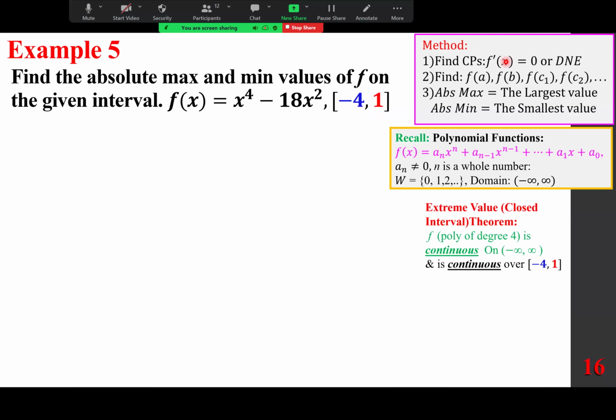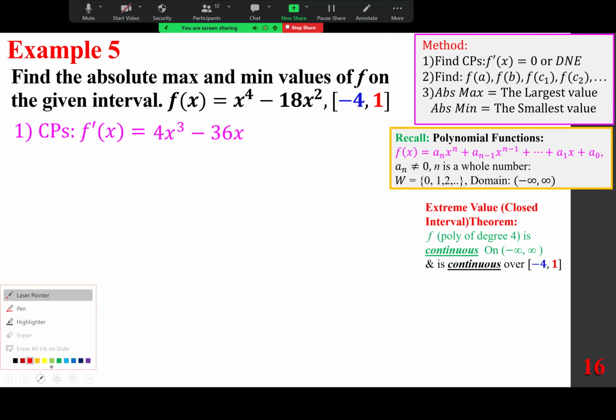The second one is to go to f prime of x. To go to f prime of x, we are going to differentiate, and that's simple. How do you differentiate? 4x cubed minus 36x. We're going to set it equal to 0 and solve.